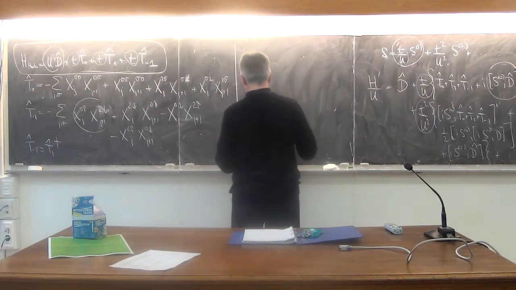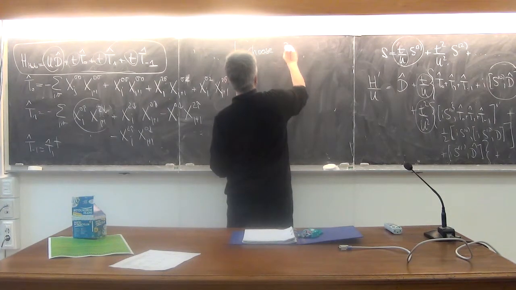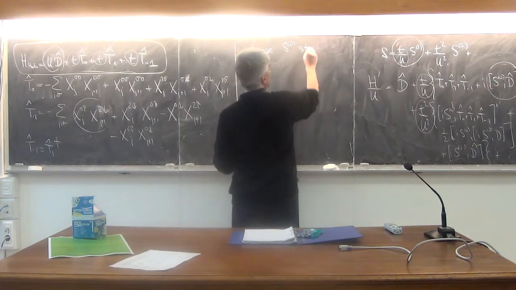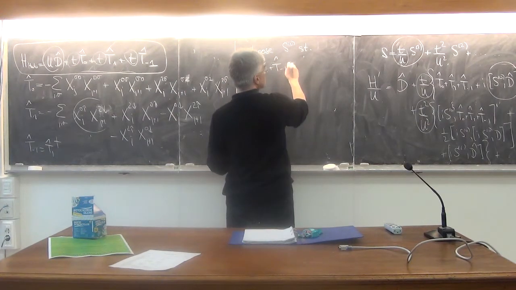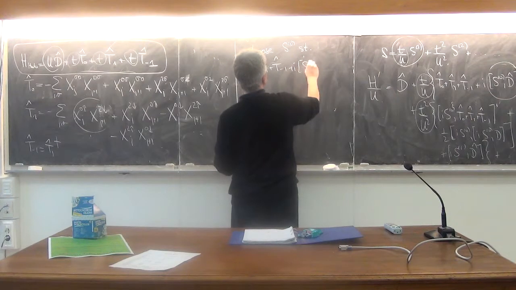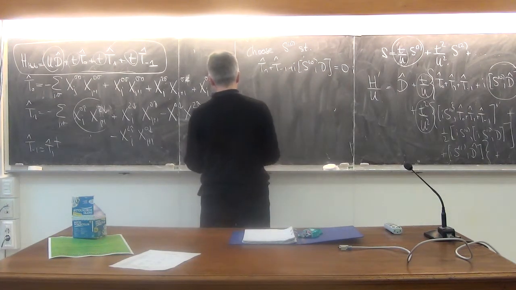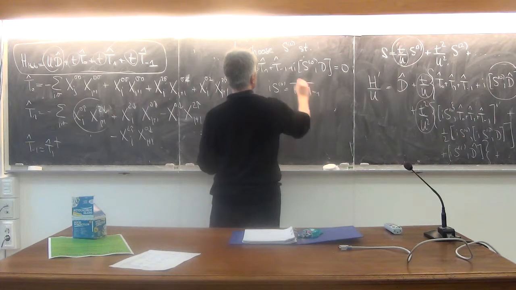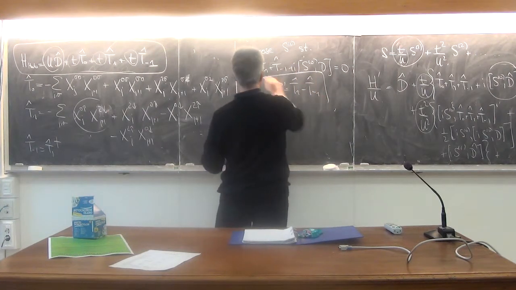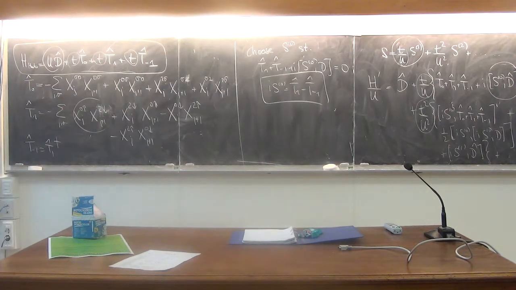So choose S naught such that T hat 1 plus T hat minus 1 plus i S naught D equals 0. And the choice that does it is simply T1 minus T minus 1, because of the commutation relations of the T's with the U.